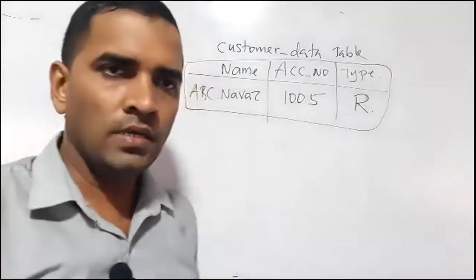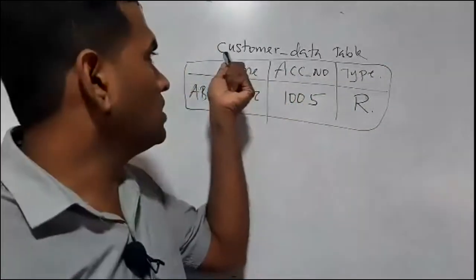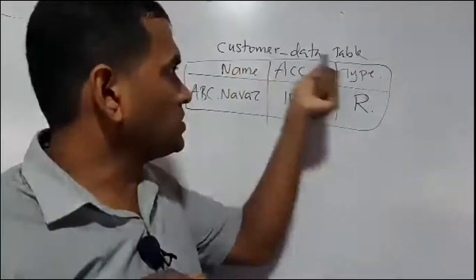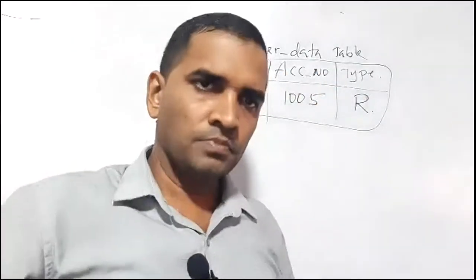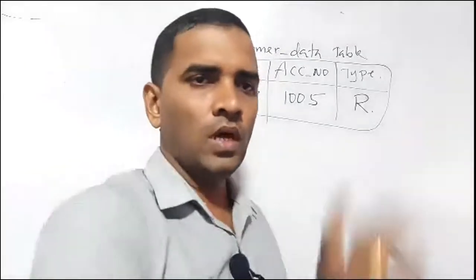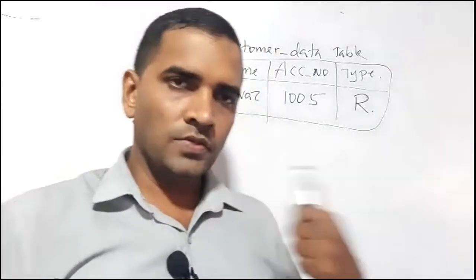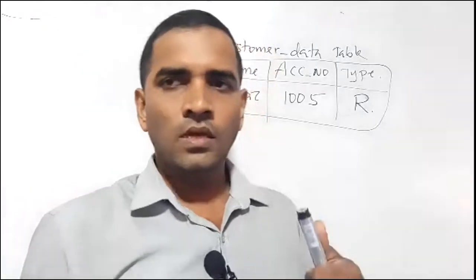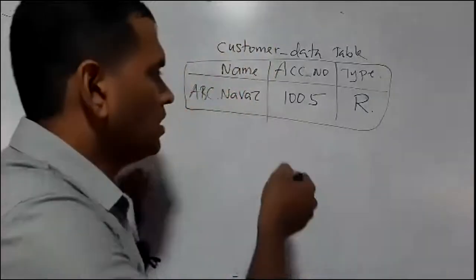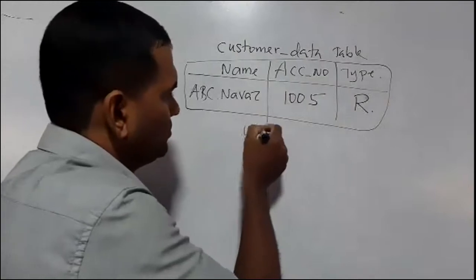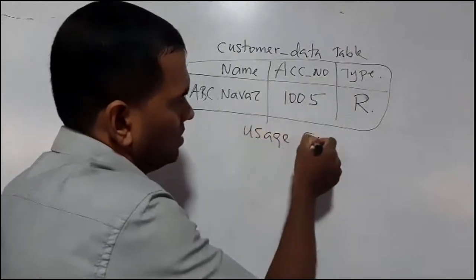Okay, so I suggested an updation in customer data table in question number 4. In question number 5, I have written that record. And also, I suggested another updation in usage table, right? So let's make that updation here, usage table.